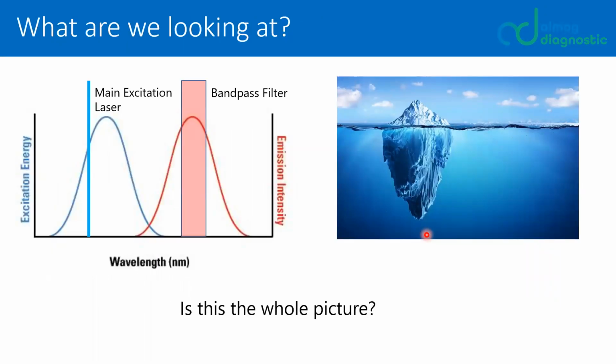So what are we looking at? Fluorochromes typically have more than one excitation wavelength and emit over a range of wavelengths. So when using the conventional idea of one laser, one detector, we're actually capturing only the peak emission. It's the same as looking at the tip of the iceberg when there is much more beneath it.